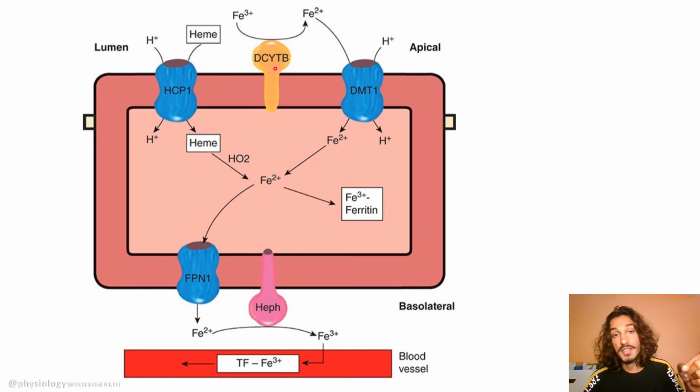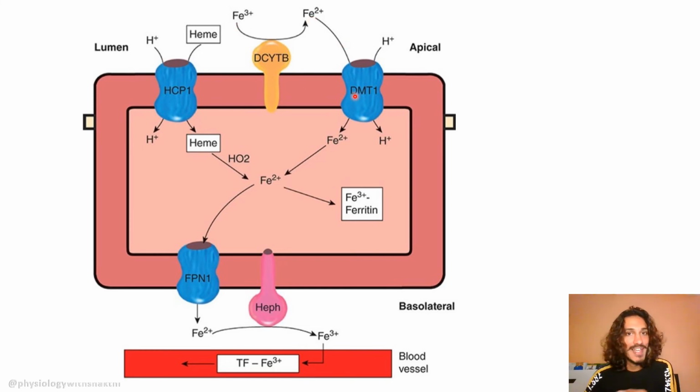In the stomach, in the presence of acid, it gets converted to Fe2 plus. And if that doesn't happen before absorption, your duodenal cytochrome B activity will convert Fe3 plus to Fe2 plus.